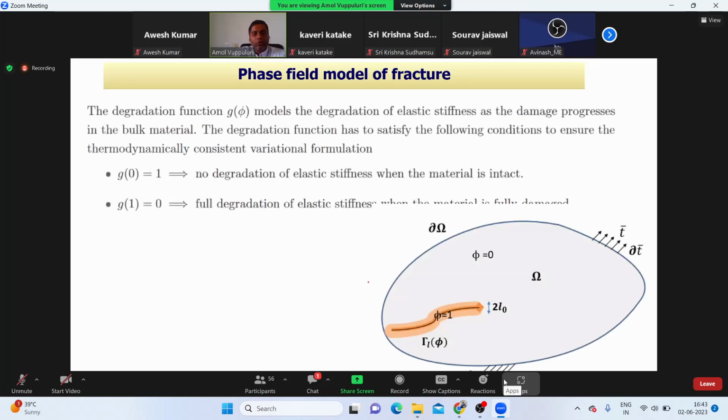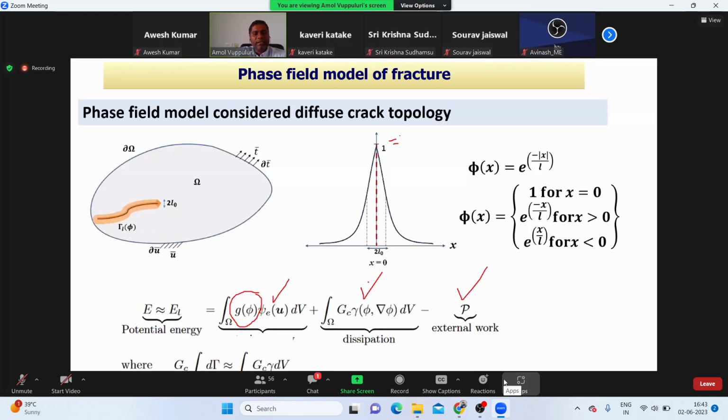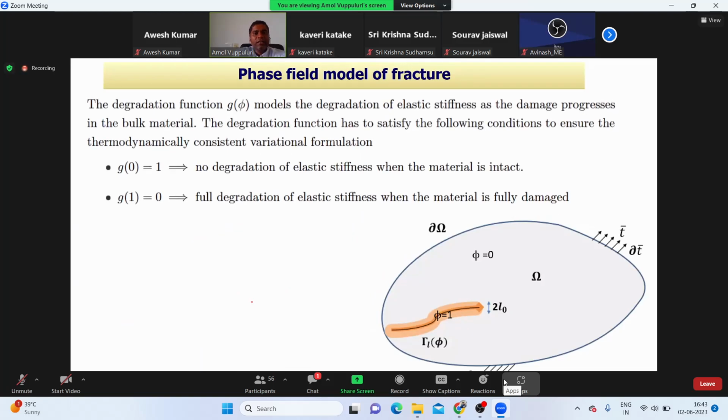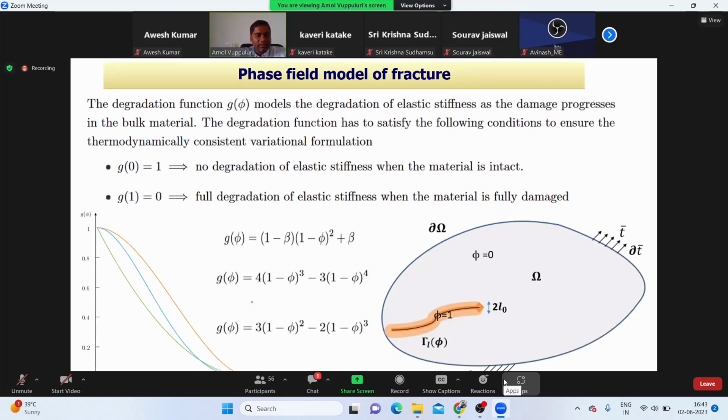Okay. So the question is how should the degradation function be taken? What should be the form of the degradation function? It should be 1 where the body is intact, and it should be 0 where the body is fully cracked. Okay. So the degradation function typically looks like this. There are many forms which are proposed by researchers, and all these possible forms I just showed in the plot.